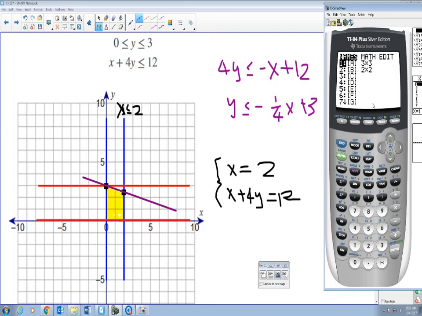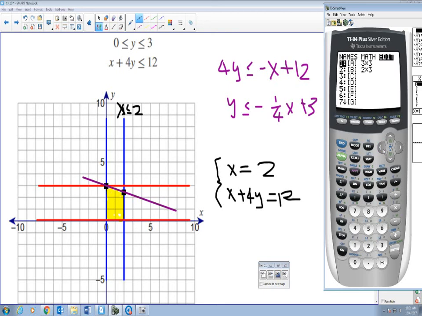So I'm going to go to my matrix. This is going to be 2 by 3. Does that make sense? Because I can't graph it, I'm going to go to my matrix C and do this. 1, no y means 0, and a 2; 1, 4, 12. Now I'm going to go back to the matrix, go to math, and go to row reduced echelon form and see where my point of intersection is. Did I say 2 by 4?